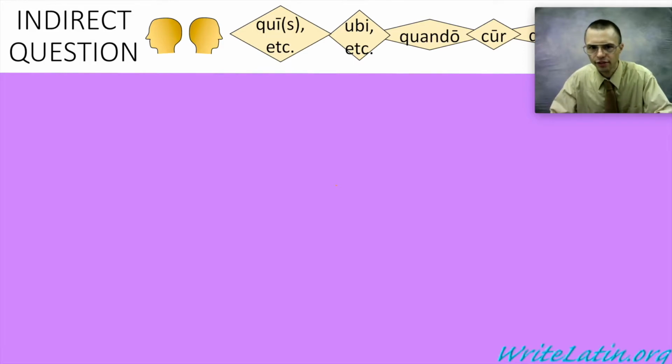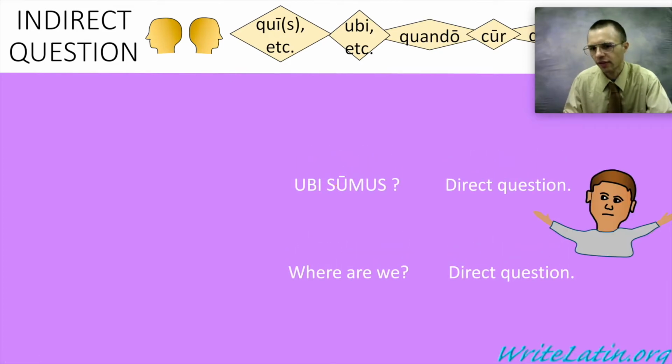Okay, so for this next clause, I want to go through a little demonstration here so that you will get the hang of what the difference is between a direct question and an indirect question. Okay, so this is a direct question, like, ubi sumus, where are we? Now you can make it an indirect question by having someone report that question.